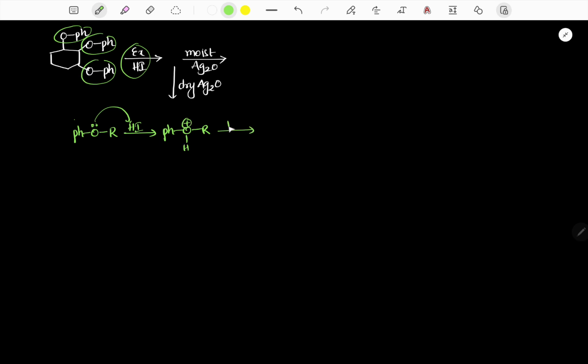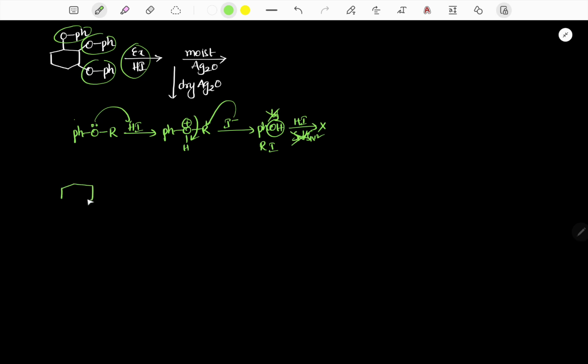Now it reacts with I minus, attacks on the R, and the leaving group will leave. It gives phenol and alkyl iodide. And we know that phenol won't react further with HI, because the benzene connected to OH is not a leaving group. So SN1 and SN2 are not possible. That's why there is no reaction.